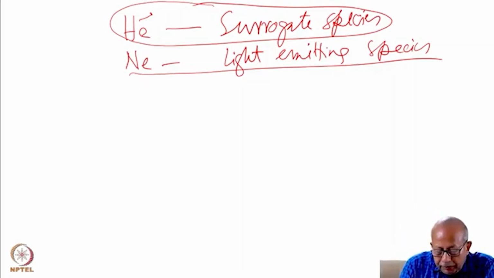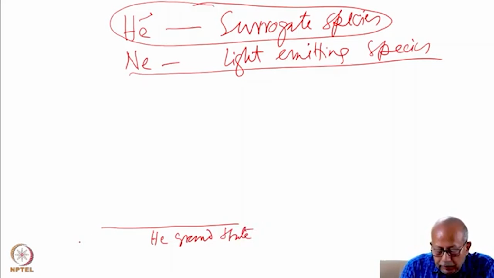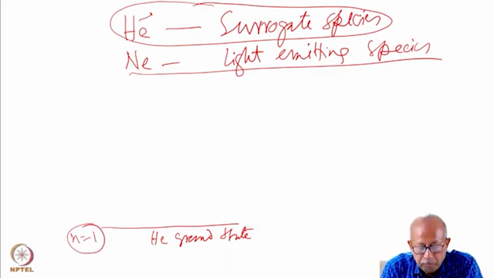So, let us begin with helium. This is the helium ground state. That is basically the electronic energy state with n equal to 1. That is the ground state.